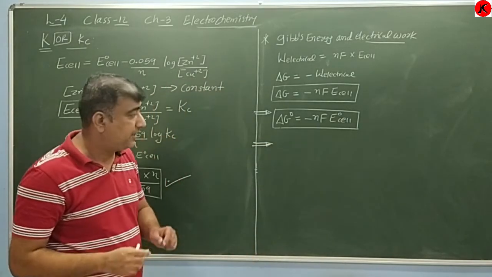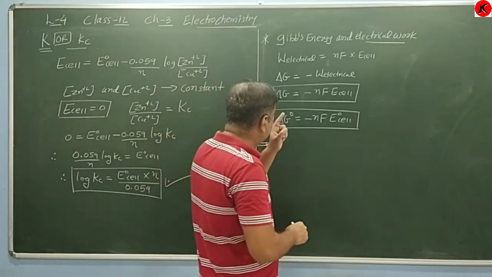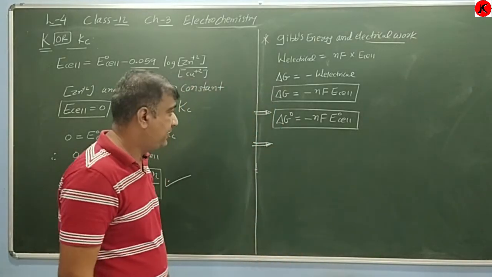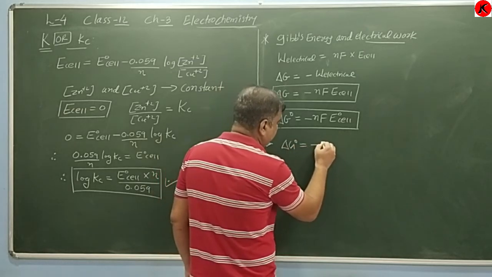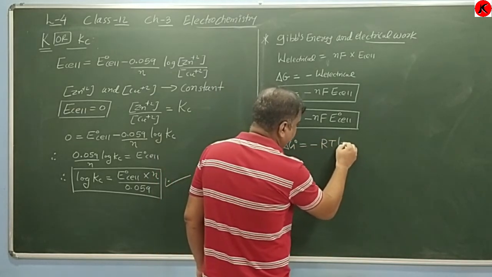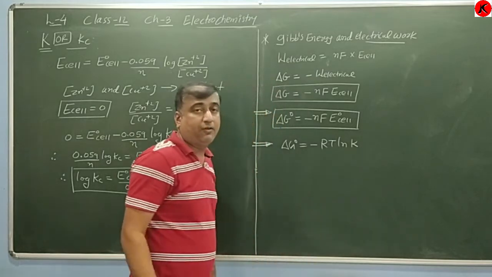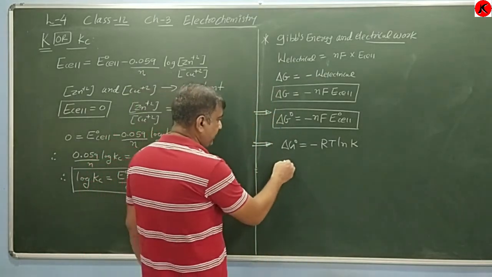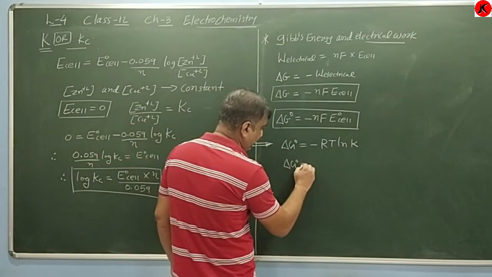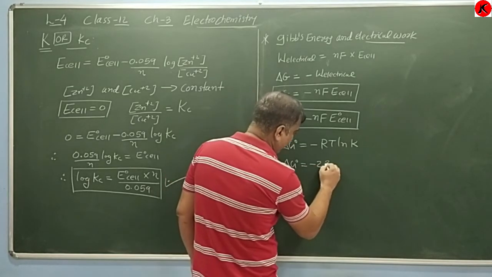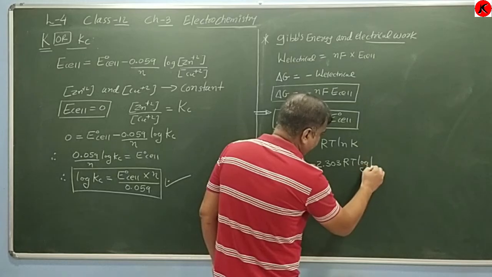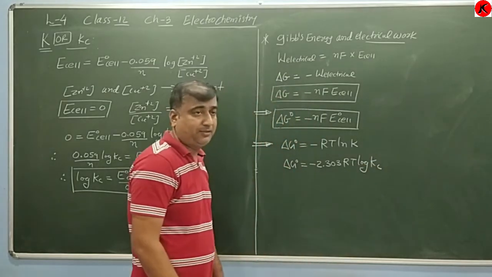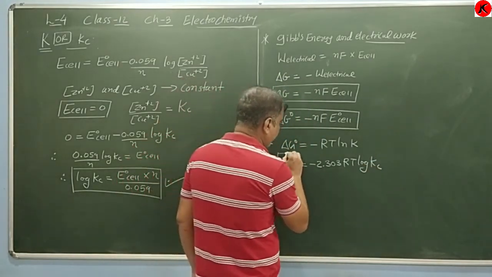Now we know the relation between the change in Gibbs free energy and equilibrium constant is delta G naught equal to minus RT ln K based on thermodynamics, that means equal to minus 2.303 RT log K, otherwise we can write Kc.